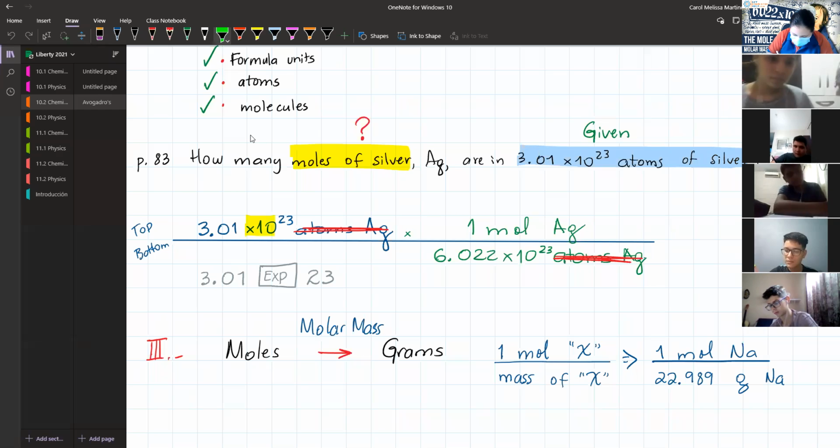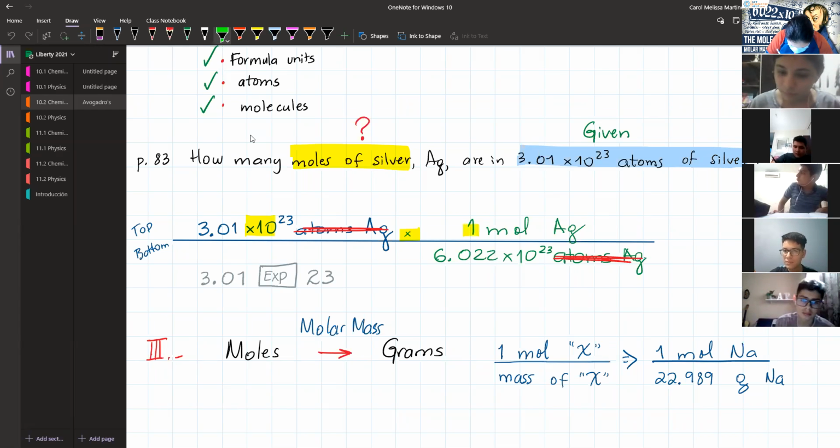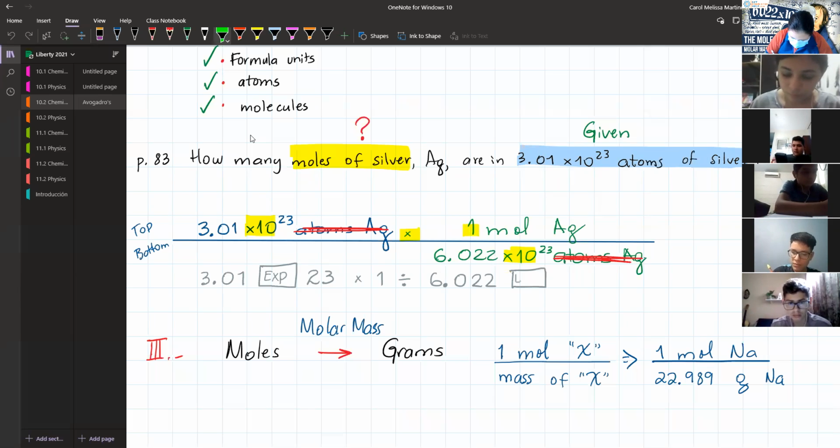You are multiplying times 1. And you are dividing by the number that is in the bottom. So you say divided by 6.022. Again, instead of times 10, I'm going to use the key x, and then the power 23 and equal.